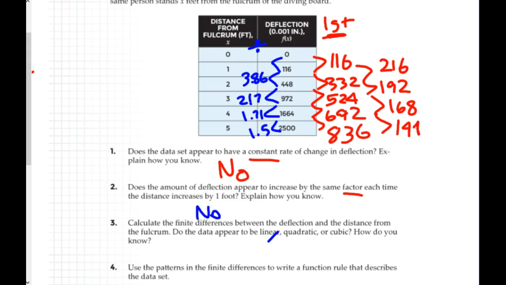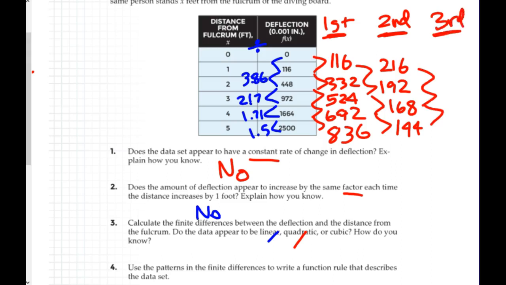Now, is the second difference pretty much the same? So 216, 192, 168, 144. Those are decreasing significantly each time. That is not quadratic. So no. Let's do a third difference.